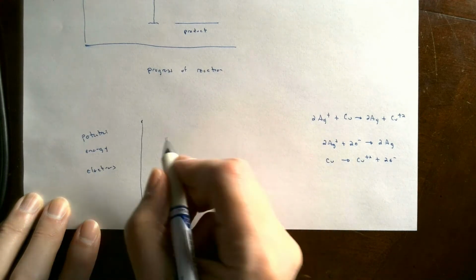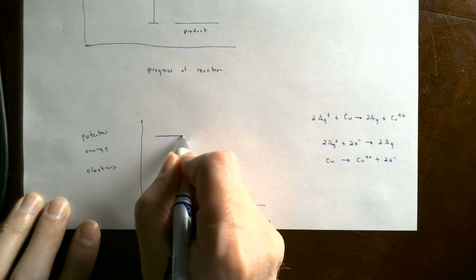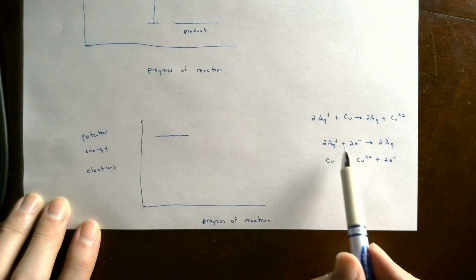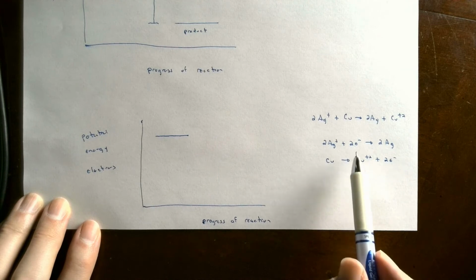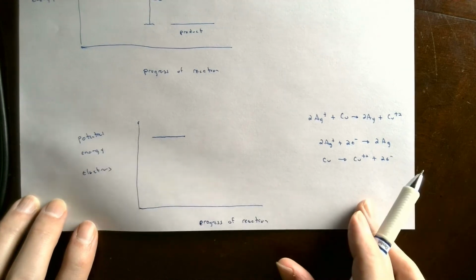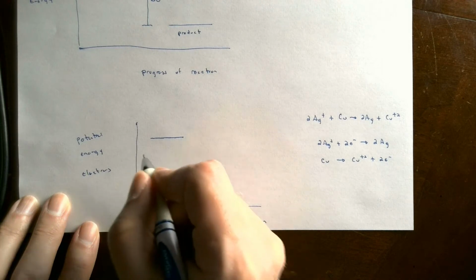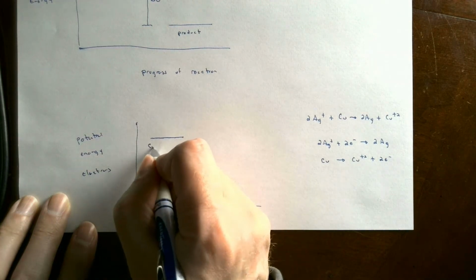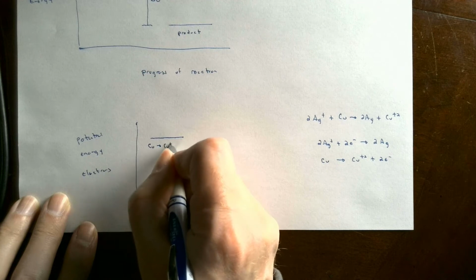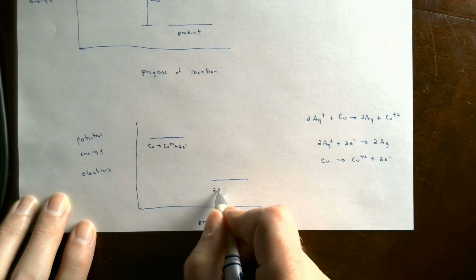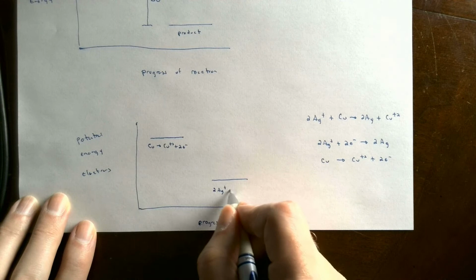And what I'm going to do is tell you that I know enough about this reaction to know in which of these half reactions the electrons have more energy. And it turns out that the electrons in the copper are higher energy than the electrons in the silver reaction.